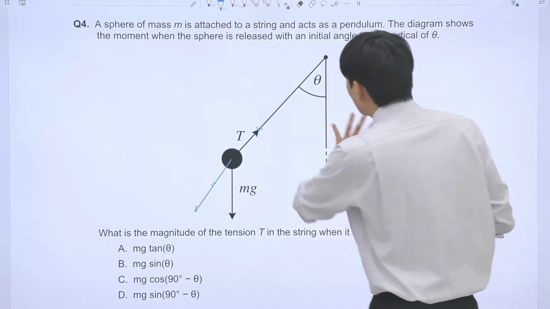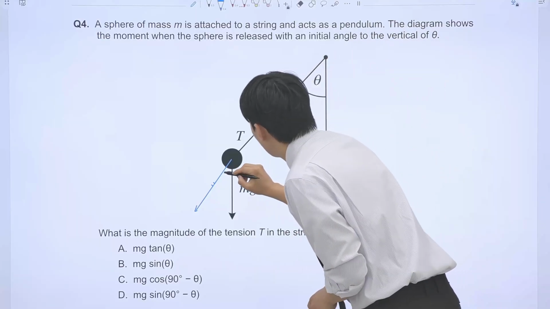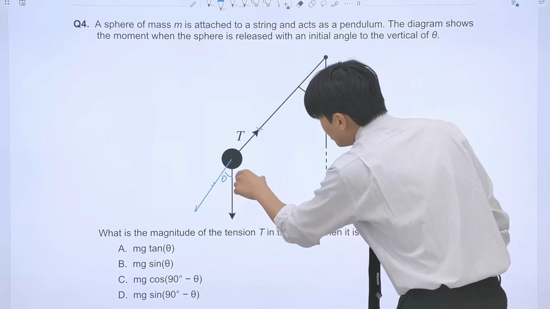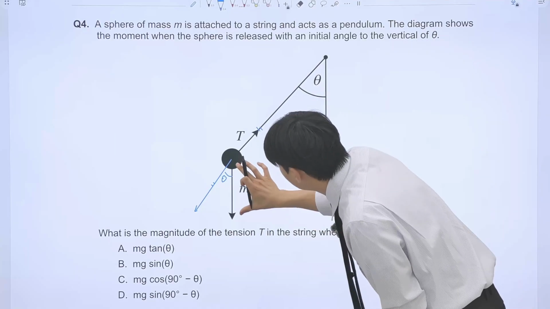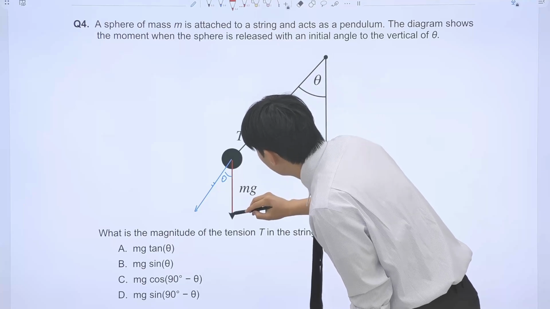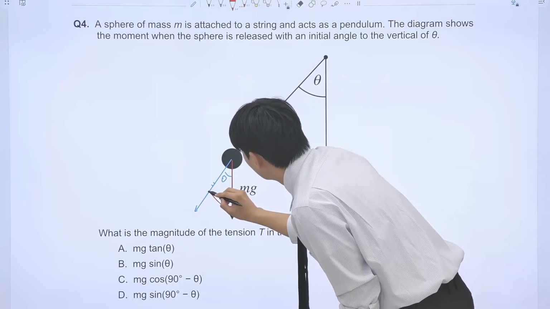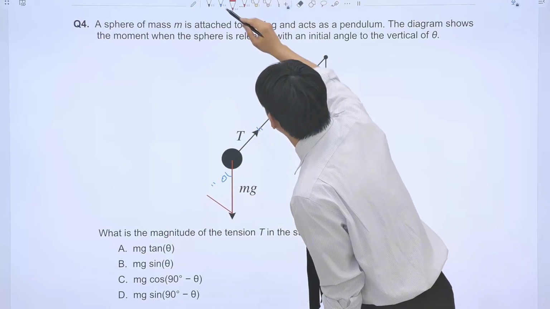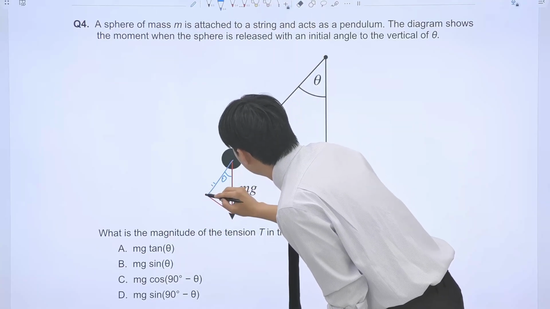This angle is theta as well, and that one should be the greatest force, so this component should be our hypotenuse. I made it too big, so it should be drawn something like this.